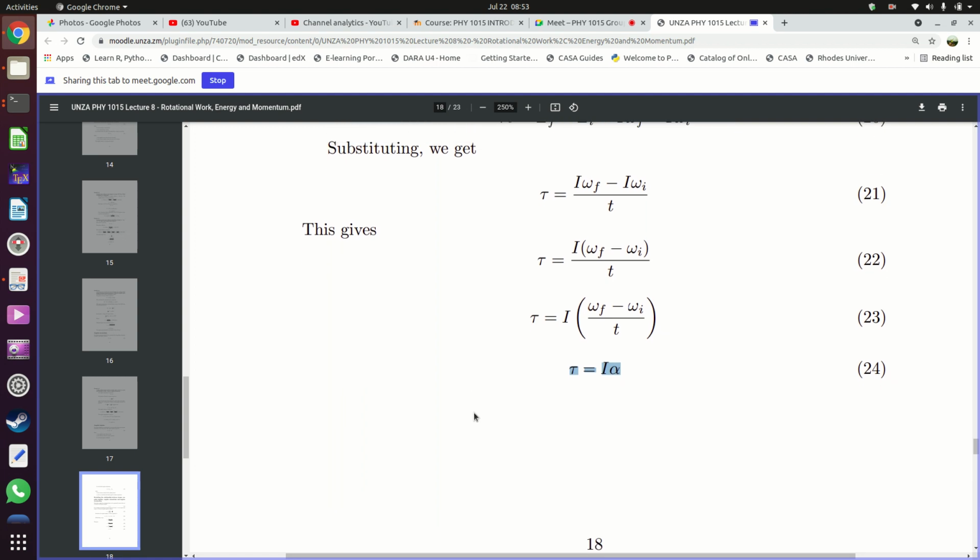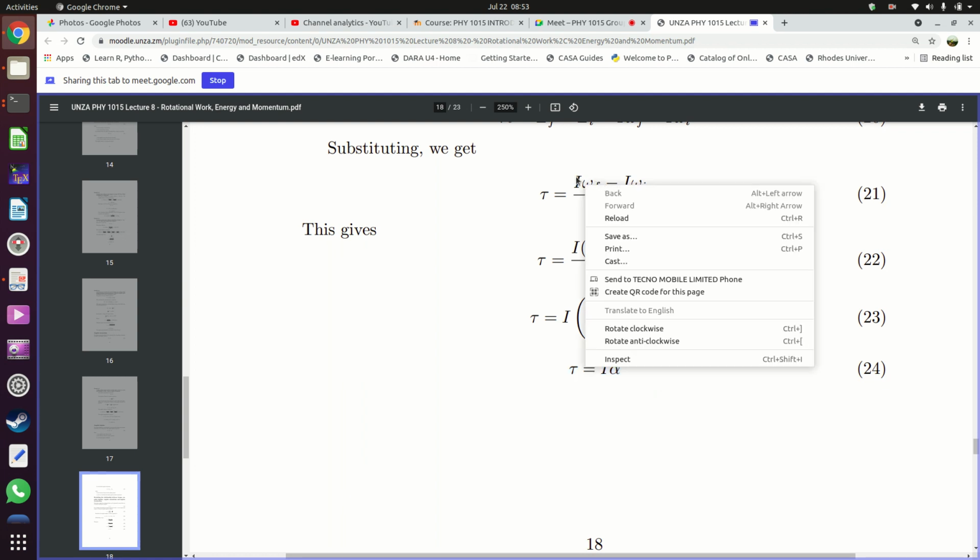Sure, sir. So you can have all the confidence as you use these expressions to express your torque. Basically, torque itself is equal to moment of inertia multiplied by alpha, so it depends on what you want to do. If your angular velocity changes, it means that there is change in momentum.